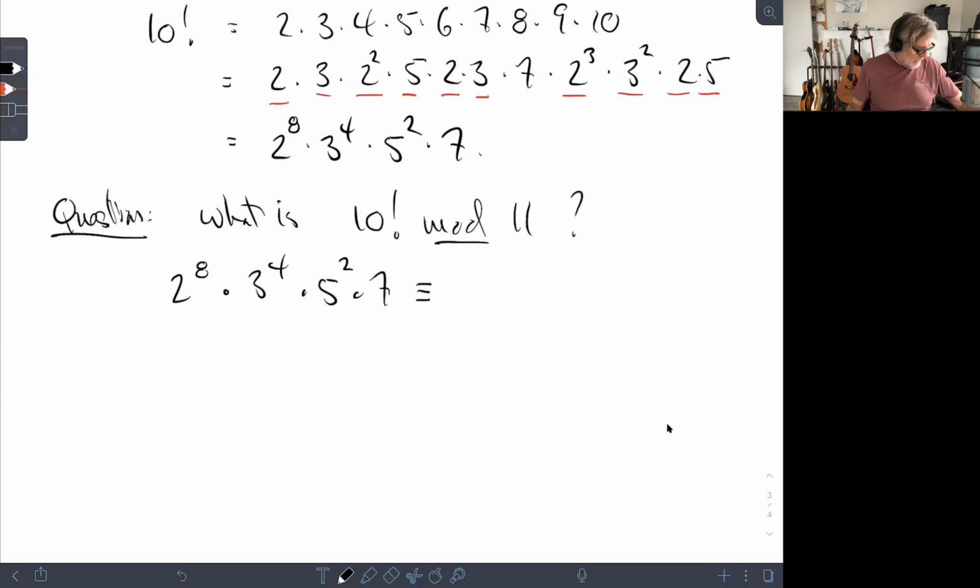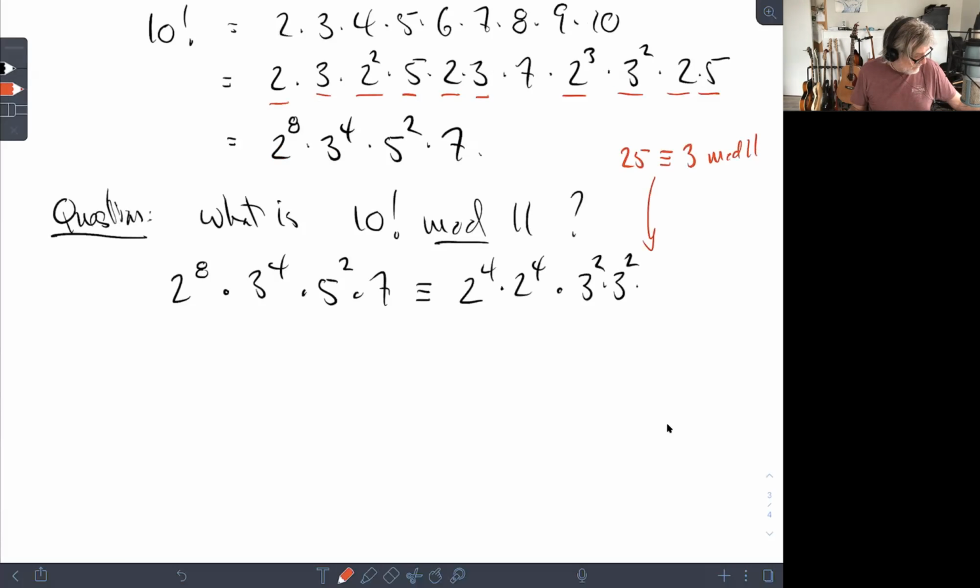So let's just write this. 2 power 8 is the same as 2 power 4 times 2 power 4. 3 power 4 is 9 times 9, I'll just write it this way, 3 squared, 3 squared. 5 squared is 25 mod 11, right? 25 is 22 plus 3, so this is congruent to 3 mod 11. That's obvious, easy, right? So I'm just going to put a 3 here times 7 mod 11.